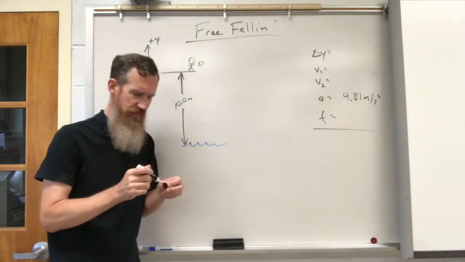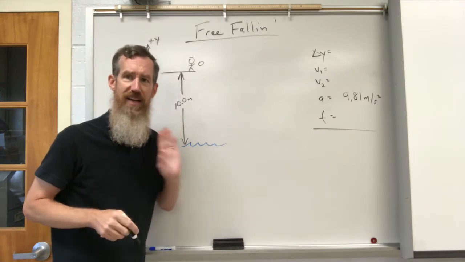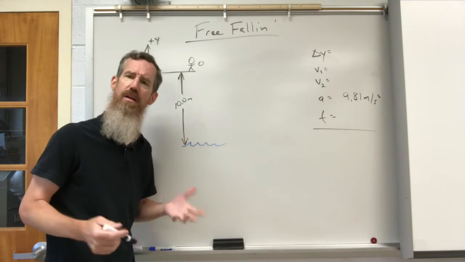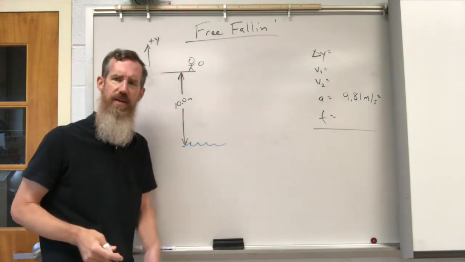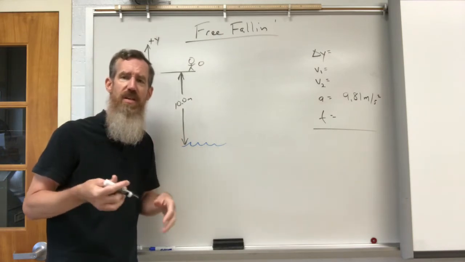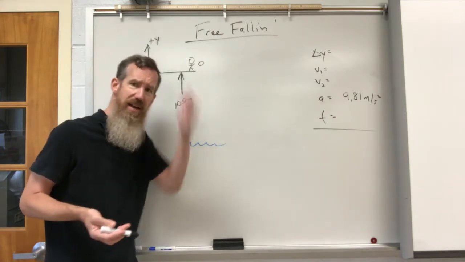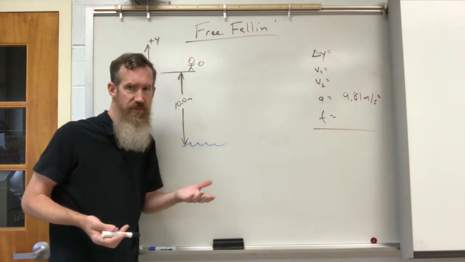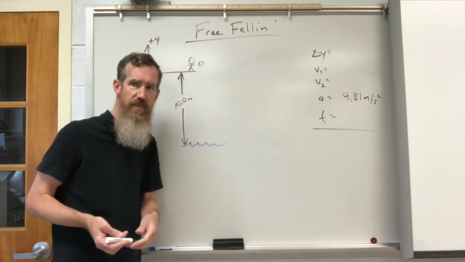Now, in other problems, previously we were talking about x, positive and negative. Something was traveling in the x direction. Well, here in free fall, we're going to travel in the y direction, and that's okay. It's still along a line, still linear motion. So instead of calling it x, we call it y for displacement. No big deal. It's a different letter, but it still means displacement.